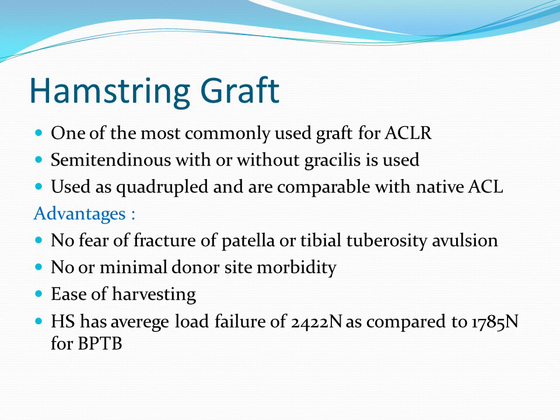Hamstring graft. One of the most commonly used grafts for ACL reconstruction in the present scenario. Semitendinosus with or without gracilis is used. It is used as a quadruple and is comparable with the native ACL. Advantages are no fear of fracture of the patella or tuberosity avulsion.